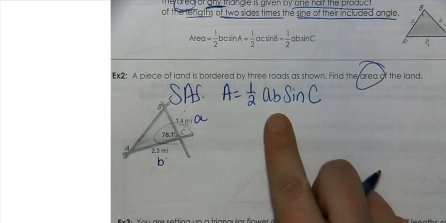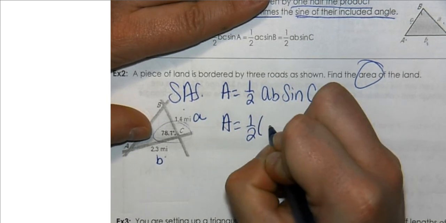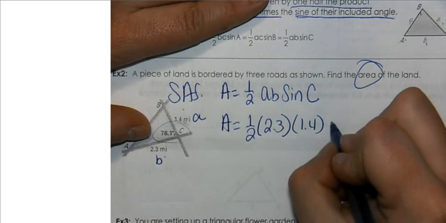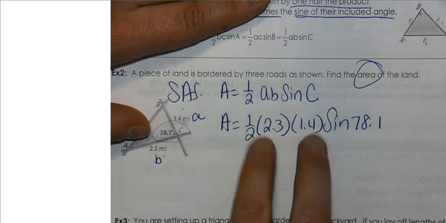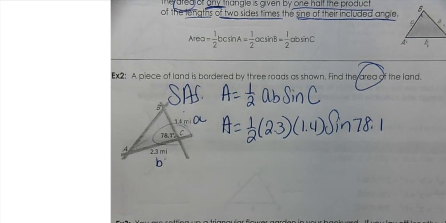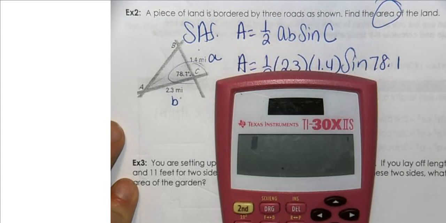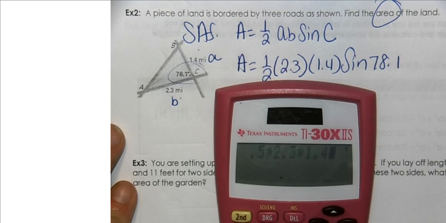It's your two sides multiplied together. So that is 1/2 times 2.3 times 1.4 times the sine of 78.1. Now, if you had 1.4 and 2.3 flip-flopped, that's perfectly fine. And we're just going to put this into our calculator exactly as we see it. So I'm going to put in 0.5 for 1/2 times 2.3 times 1.4 times the sine of 78.1.